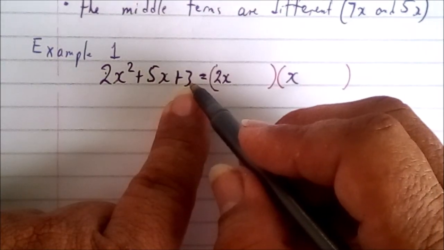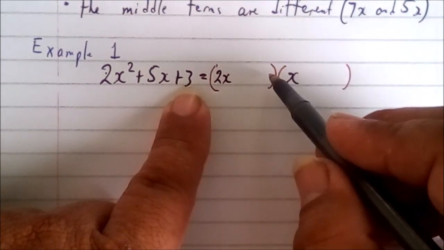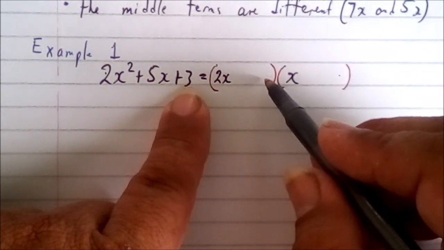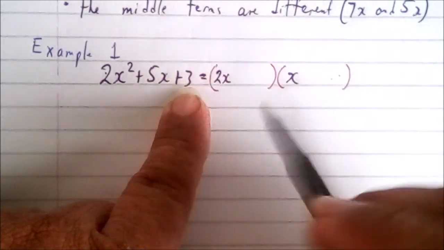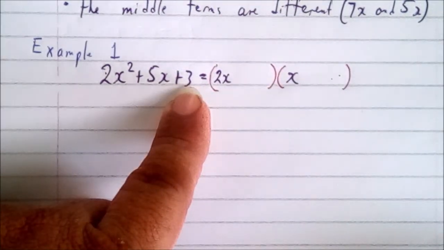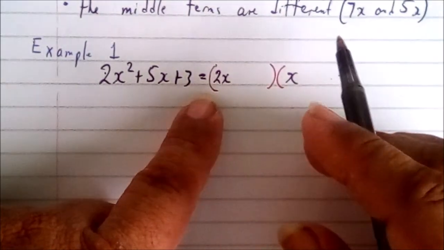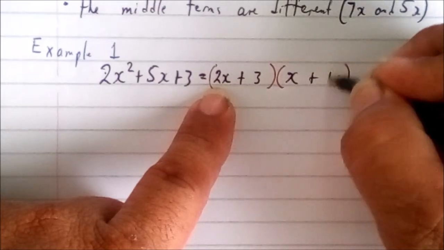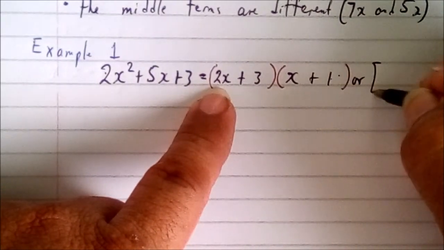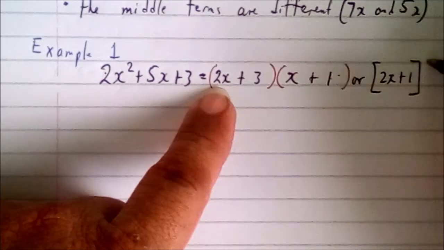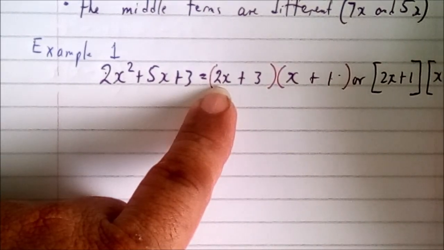That means the two numbers must be positive, either positive 3 and positive 1, or positive 1 and positive 3. Since we have this, the possible solutions could be that we put plus 3 here, plus 1 here, or we can say 2x plus 1 times x plus 3.